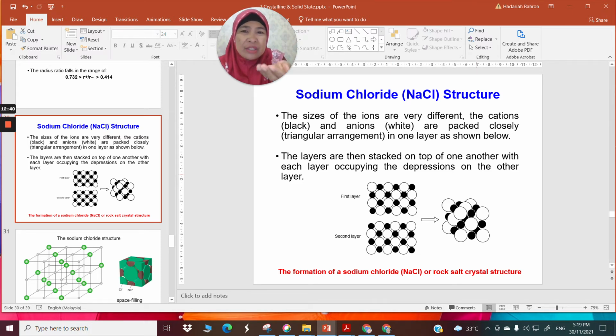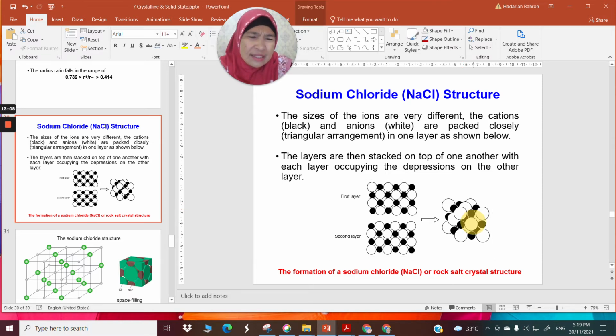So when there is a depression, there is an ion sitting at the top of it or at the bottom of it. When you have a first layer arranged with white, black, white, black, or anion, cation, and so on, and you put the second layer on top of it, exactly the opposite, you're going to have a structure which looks like this. This is called the rock salt structure or sodium chloride structure.